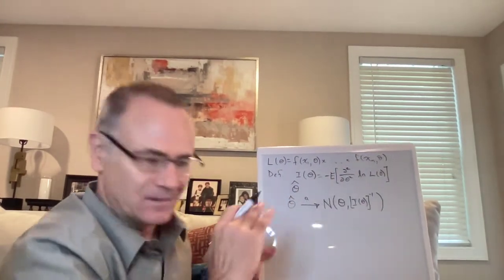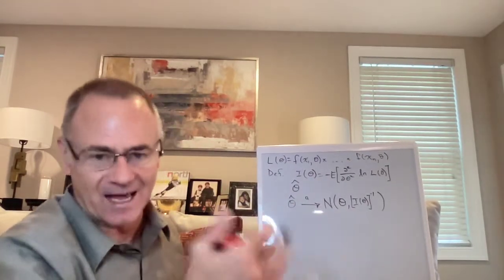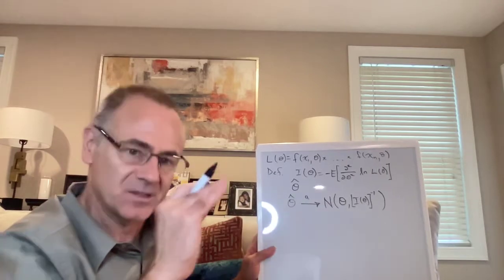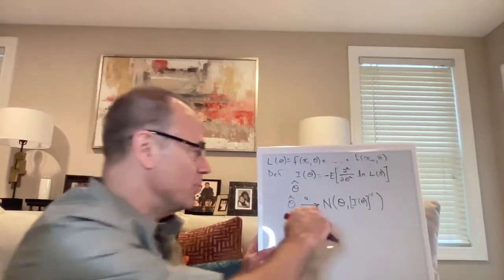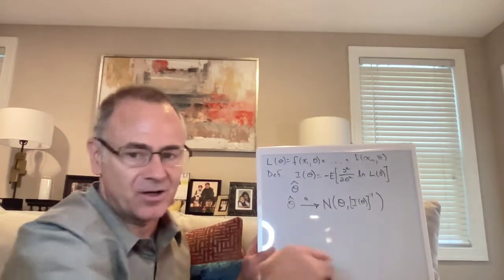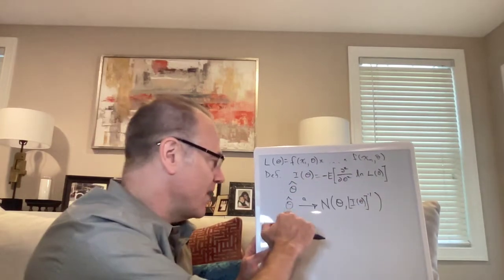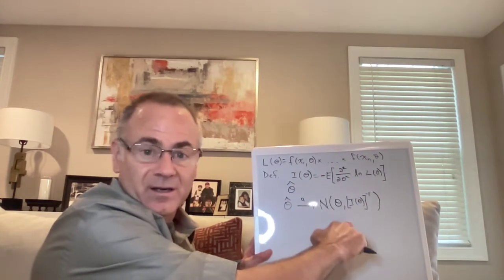It may not be exactly normal in finite samples, but it's going to get arbitrarily close to this being true as n gets larger and larger. So as n gets larger, this is going to be a better and better approximation for theta hat being distributed according to this.